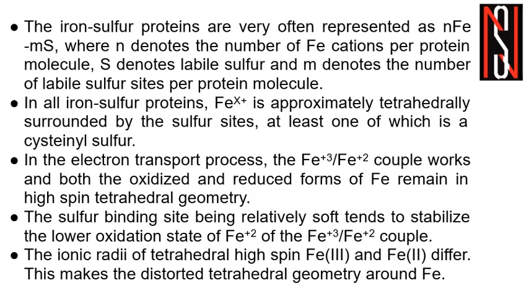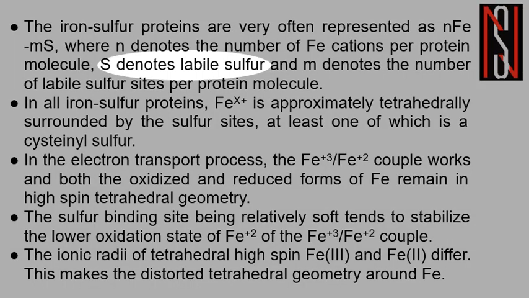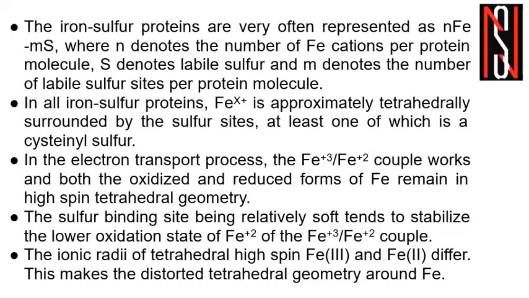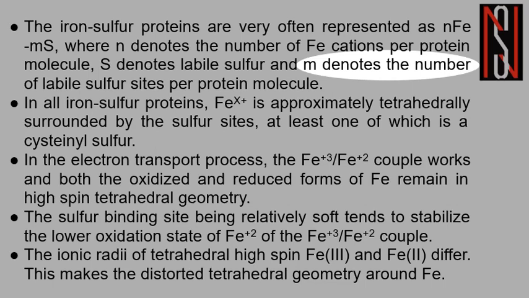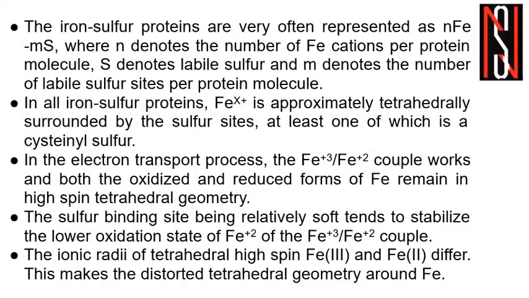And the S denotes the labile sulfur. S doesn't denote all kinds of sulfur, that is the cysteine or inorganic sulfur. S denotes only the labile sulfur, or you can say only the inorganic sulfurs. And m denotes the number of labile sulfur sites. So m means only the sulfurs which are labile in nature. m doesn't mean the total number of sulfur sites present in the protein molecule.